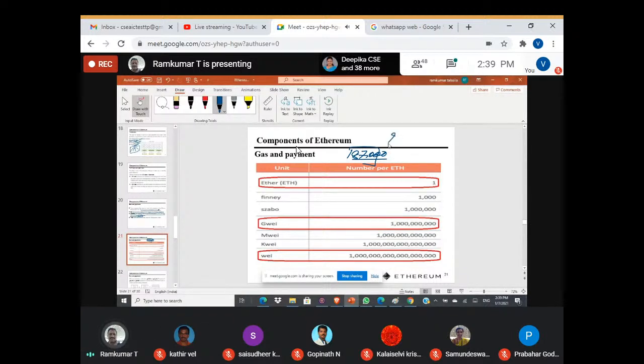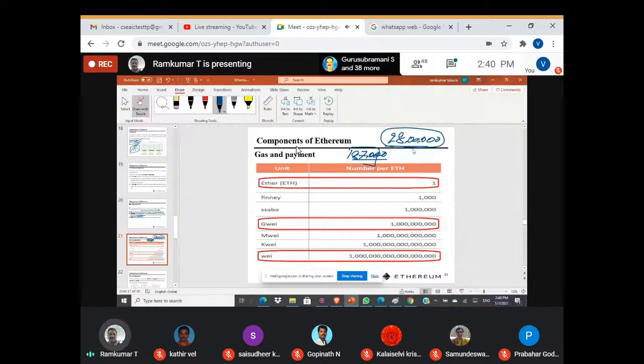It's nearly 28 lakh, if I'm not wrong. I have my own online application also, because I used to purchase and sell cryptocurrencies. I can do it, I am doing it. Okay, that's a different story. But approximately one Bitcoin costs around 28 lakh.